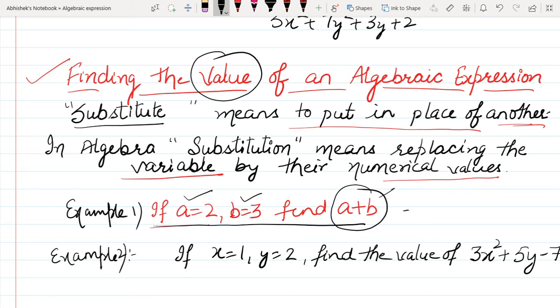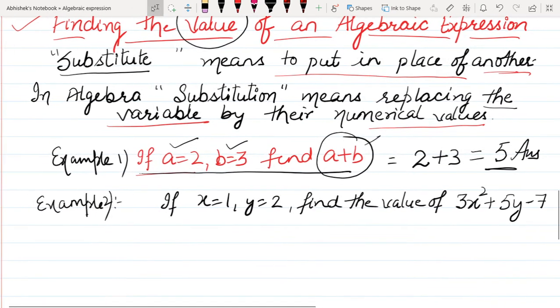A is 2 and the value of B is 3. In place of A we will write 2 and in place of B we will write 3. So 2 plus 3 is 5. So the value of the expression A plus B is 5. As I told you, in algebra substitution means replacing the variable by its numerical value. So in all these sums, we will replace all the variables by their numerical values.